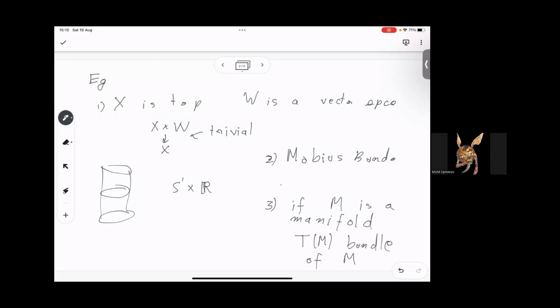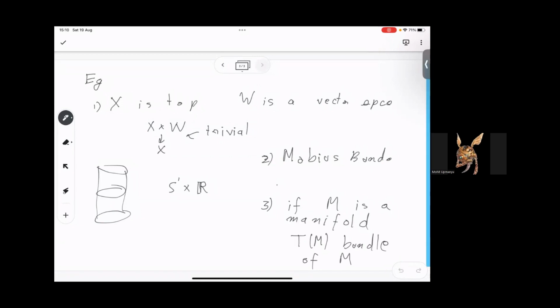So if this was a complex manifold, we'll end up with a complex vector bundle. Just want to point that out and let's proceed. So any questions?